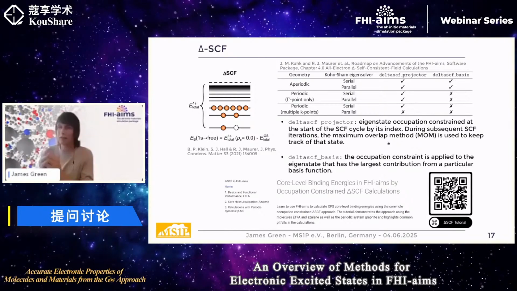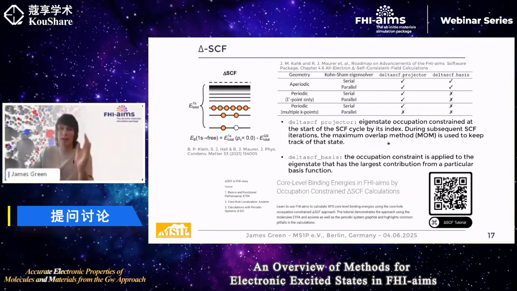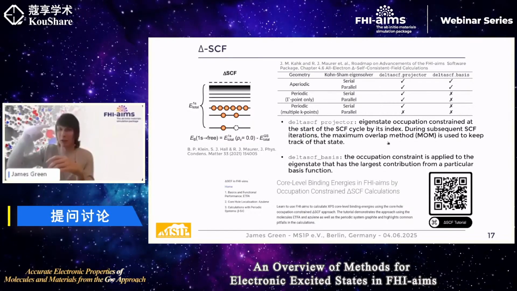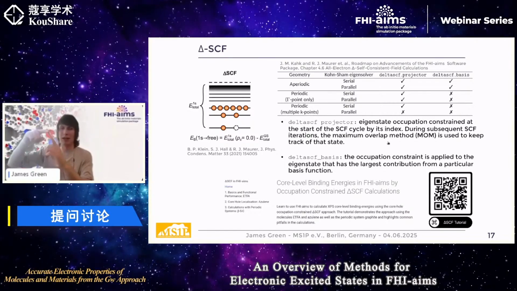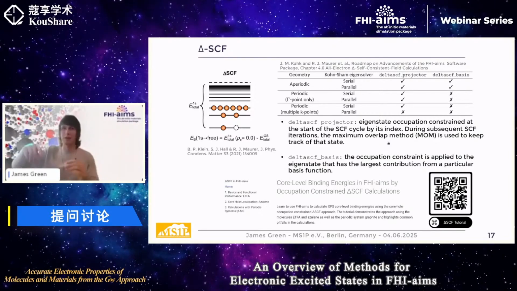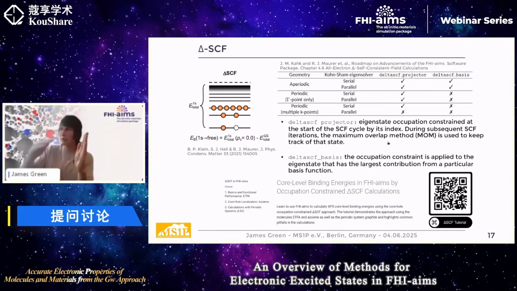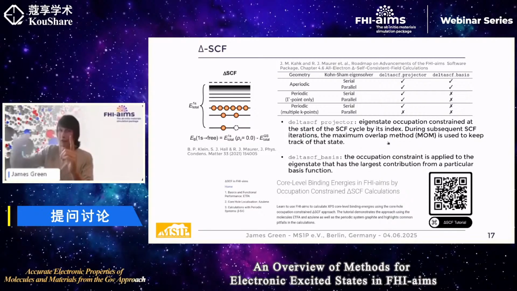So essentially you need to know, or you would do a full SCF calculation and you know the state you want at the end, and then you work out what state it is at the first SCF step. And even if they're different, you would just choose the state in the first SCF step, and this maximum overlap method should keep it the same to the end.